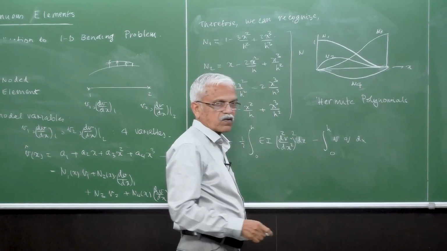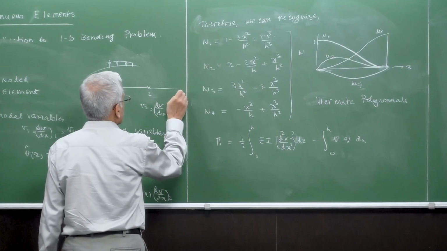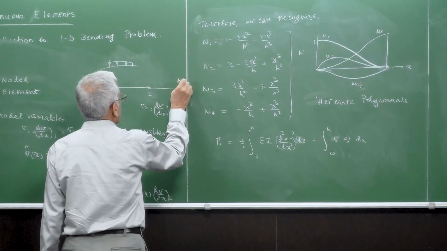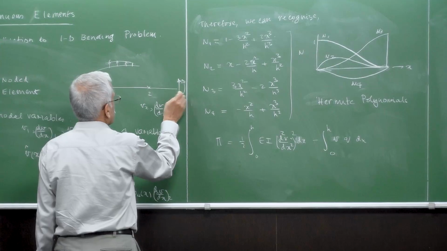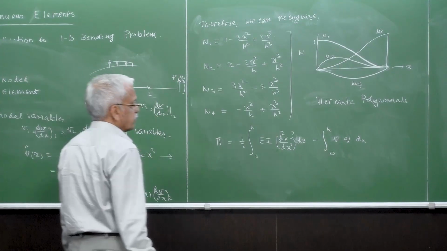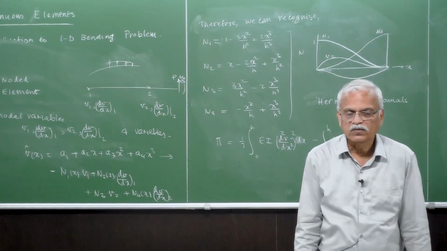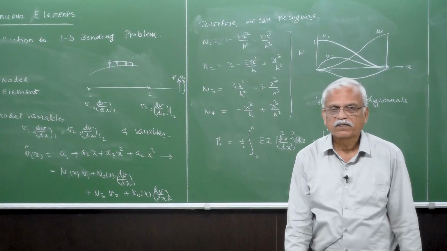Apart from this, if you have a long beam element with some force P and moment m naught at the end, the P and m naught also undergo certain displacement, so they are associated with the work of external force.